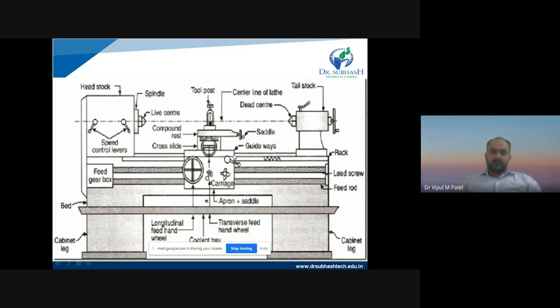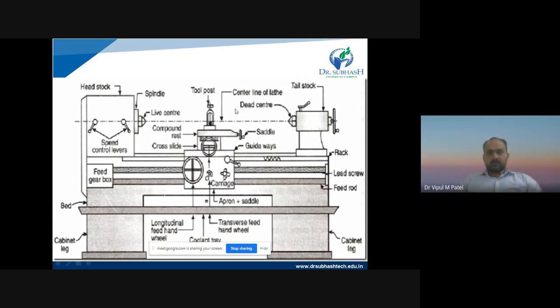This one is the guideways. This one is a saddle. This one is a saddle. This one is a tool post. With the use of this tool post, we can easily hold the single point cutting tool.